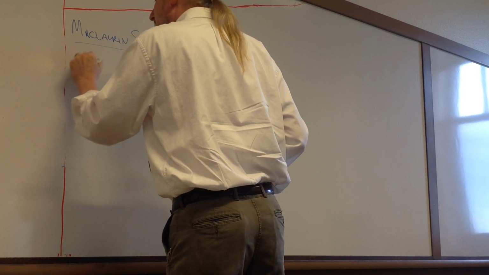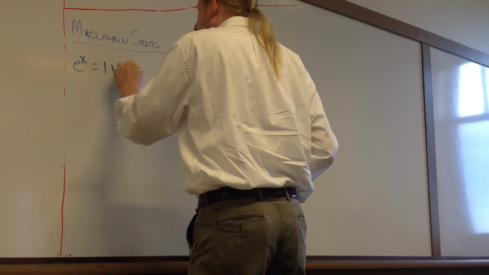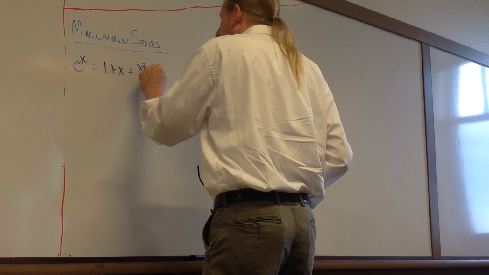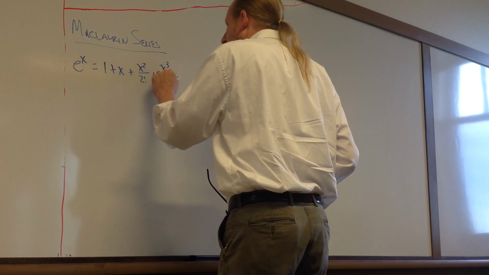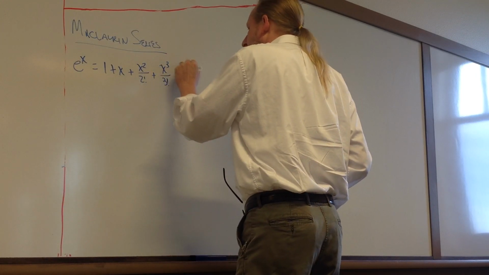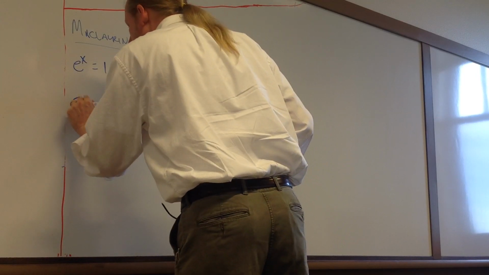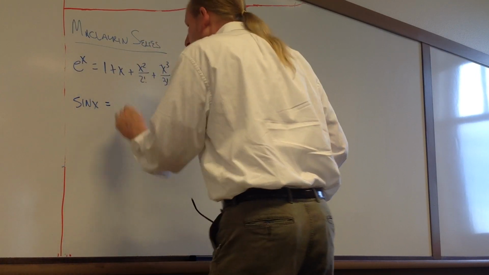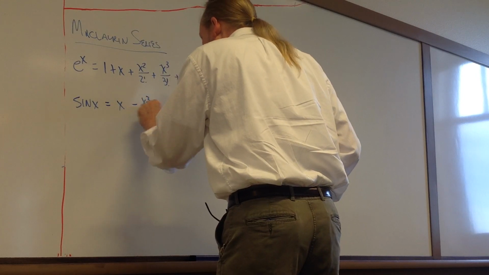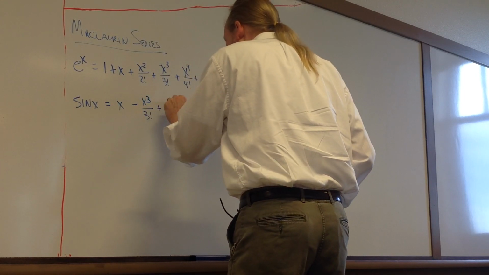So we've got e to the x: 1 plus x plus x squared over 2 factorial, x cubed over 3 factorial, and so on. The sine function is the odd function, and it's an alternating series.